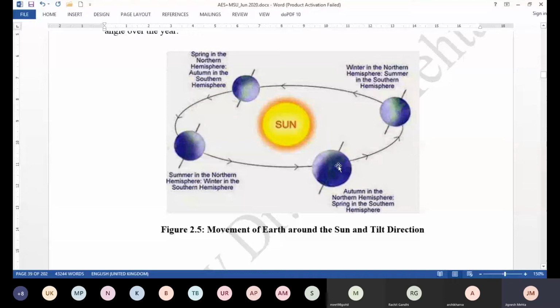So in the month of September, around 22 September, now this inclination is not towards the sun, right? It is on the side. So both hemispheres, the northern as well as the southern, get equal amount of radiation, and the day length is also the same for both the hemispheres. So this is equinox day, right? And this is autumnal equinox.